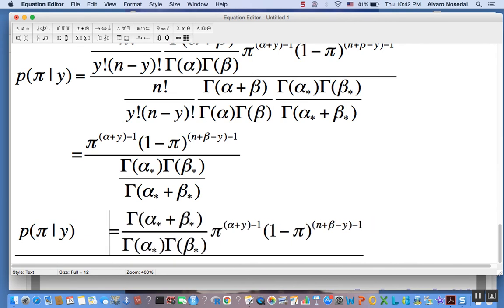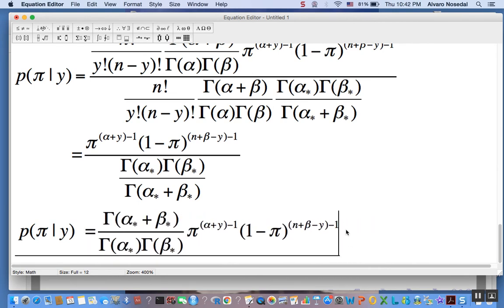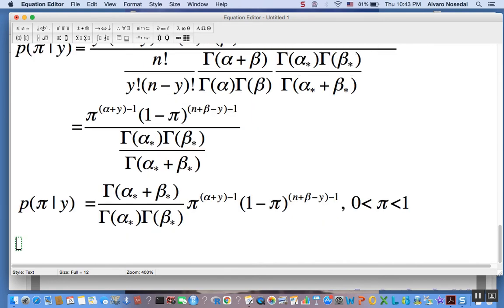Okay? And that expression is valid for pi between 0 and 1. When we take a good look at it, we go, guess what? The posterior is a beta random variable with parameters alpha star and beta star, right?